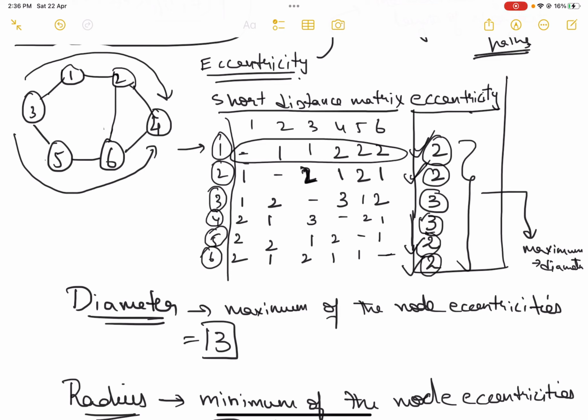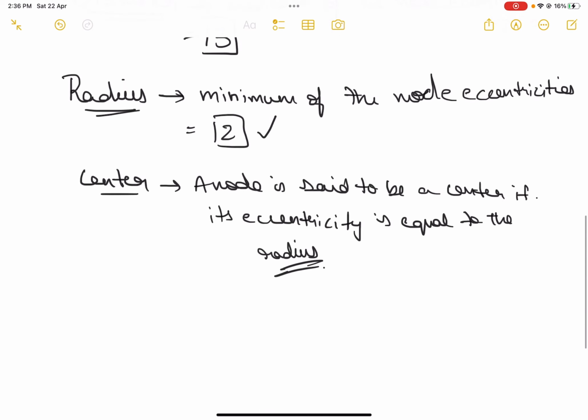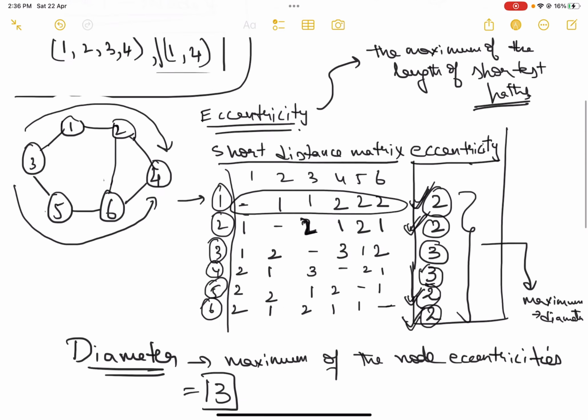So whichever nodes have the eccentricity of 2, they are our centers. So in our case it is 1, 2, 5 and 6. So 1, 2, 5 and 6 are the centers of this particular graph network that is there.